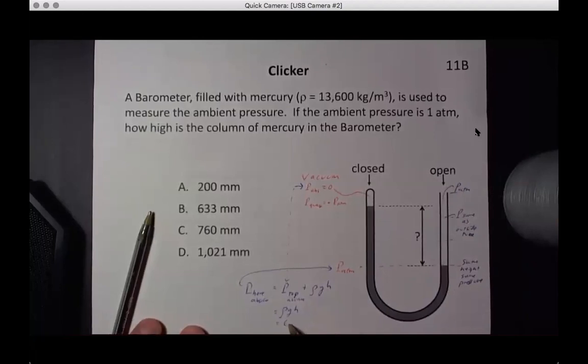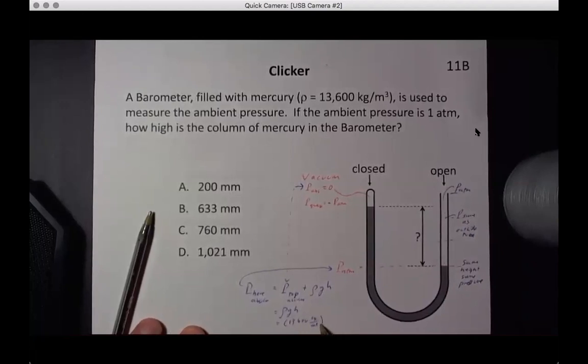It's 13,600 kilograms per meter cubed. The pressure here is 1 atmosphere, and you might ask the question, what is 1 atmosphere?